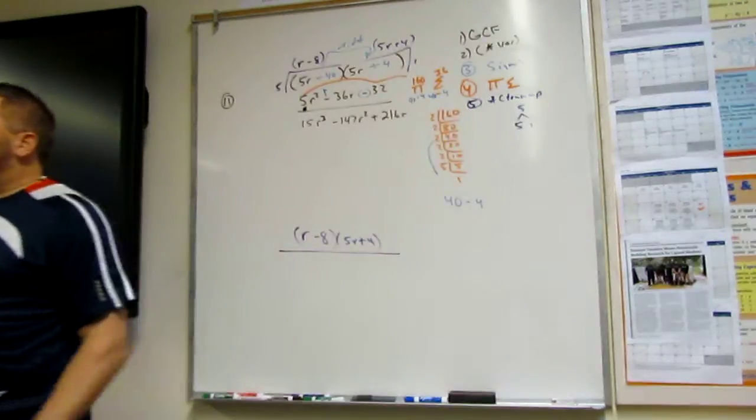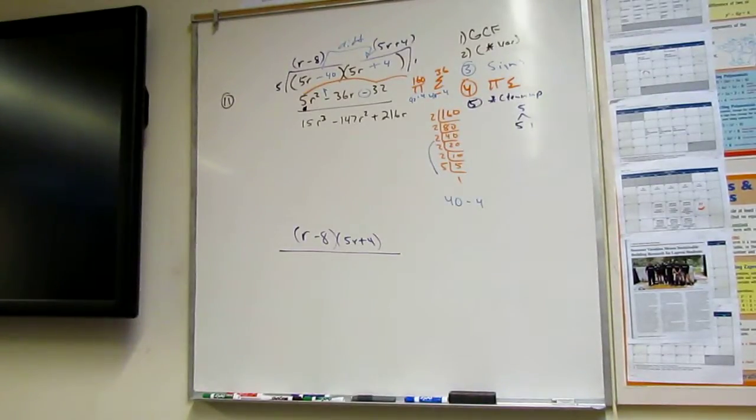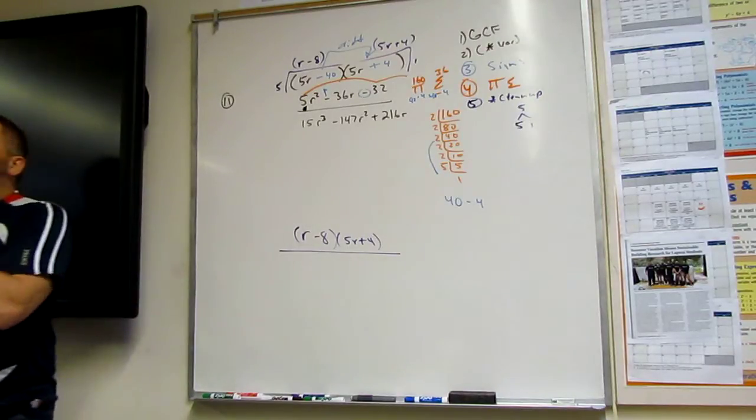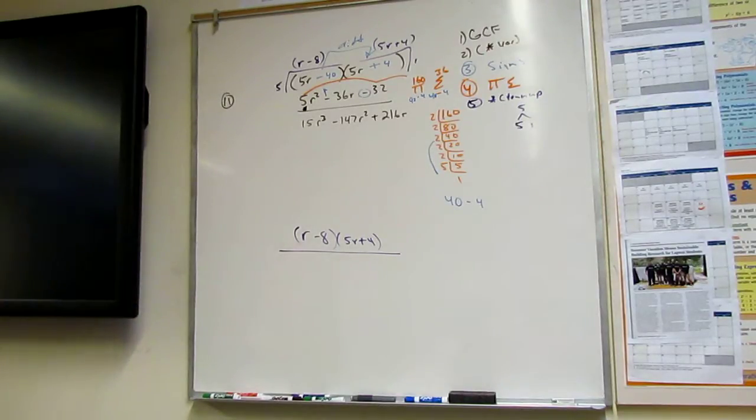Okay. So the bottom part. What do I do? What goes into 15, 147, and 216? Well, 216 is even. I know there are only 2 things that go into 15. It's 3 and 5, right?